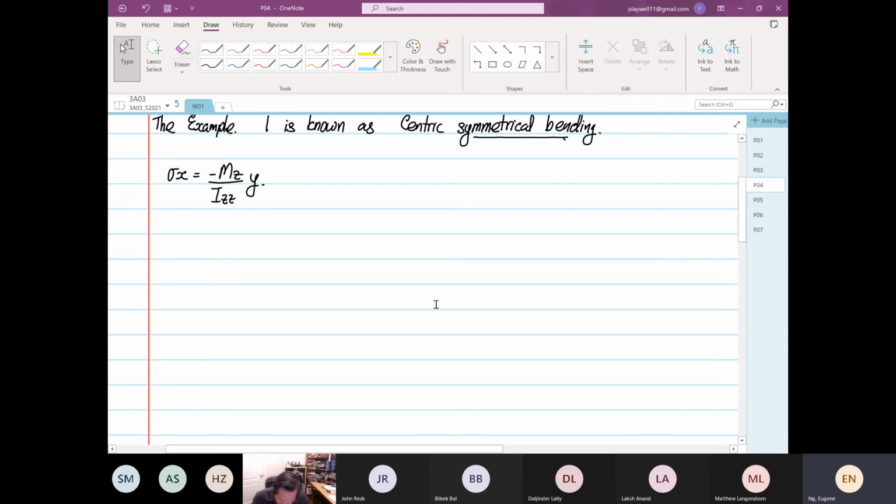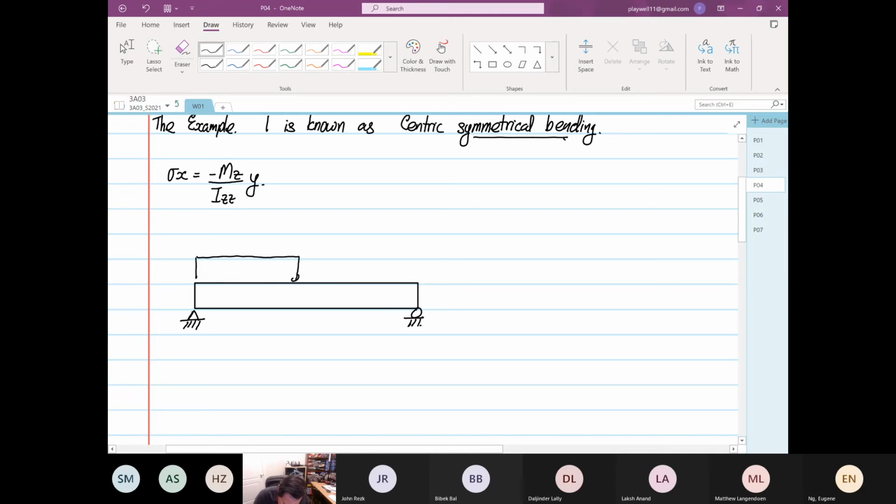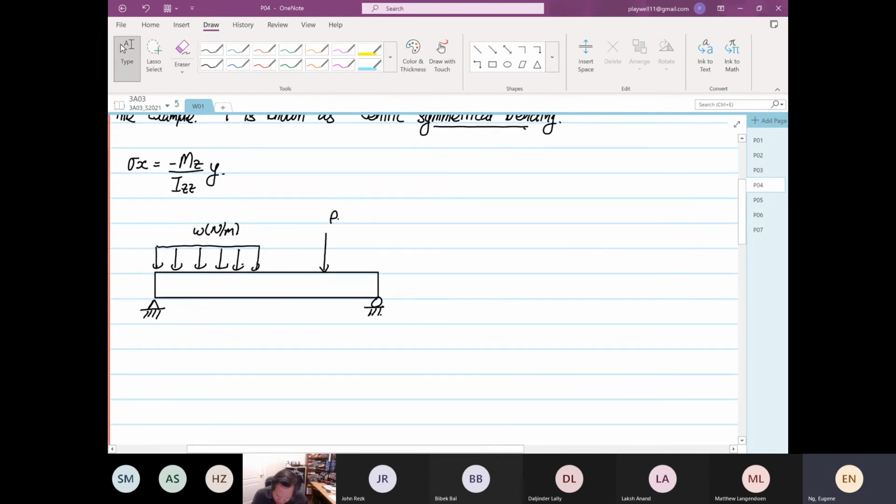Before I go on, let me ask you a question. If we have a structure loaded this way, a simply supported beam with a distributed load and a P, this is one loading system.